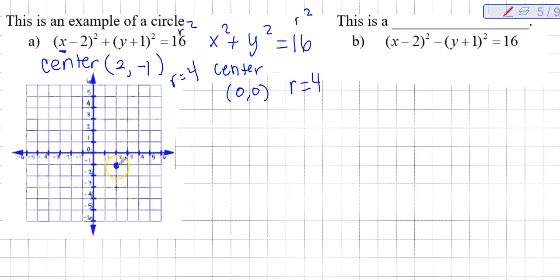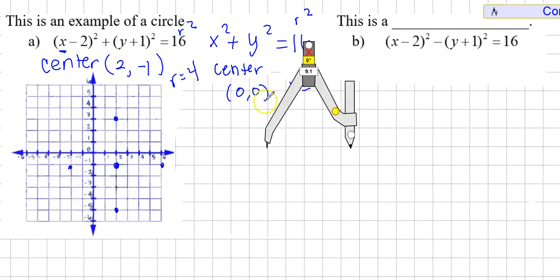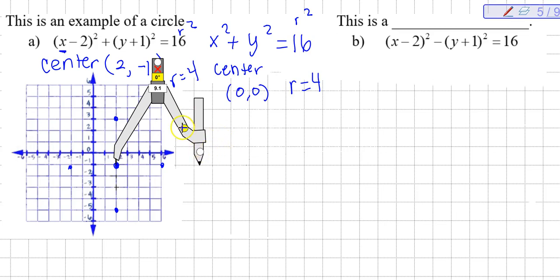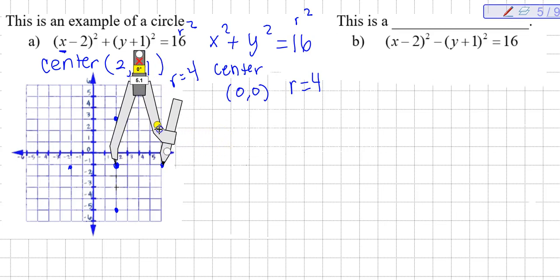And then all I do to do my radius is I go off of that in the horizontal and in the vertical. Okay. And I'm going to grab out my compass because I have it. It's a nifty tool. But as long as you've got your radius there in the right spot, you can sketch it and it doesn't have to be perfect.